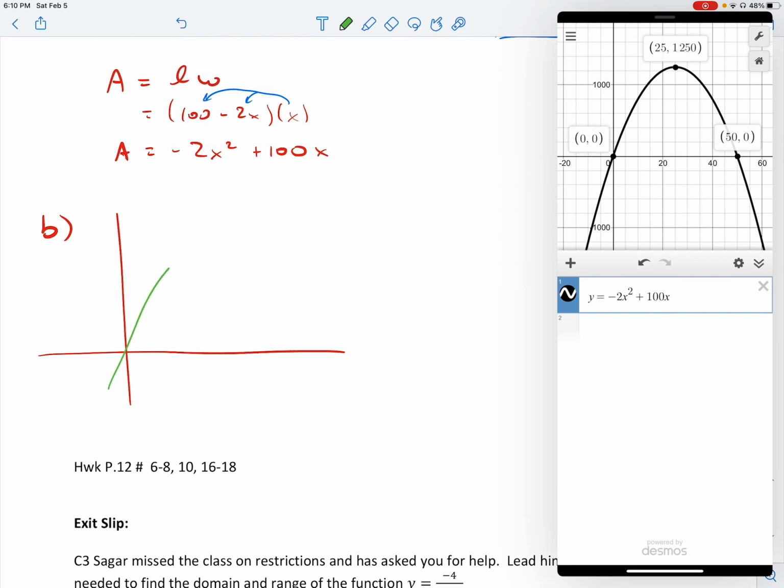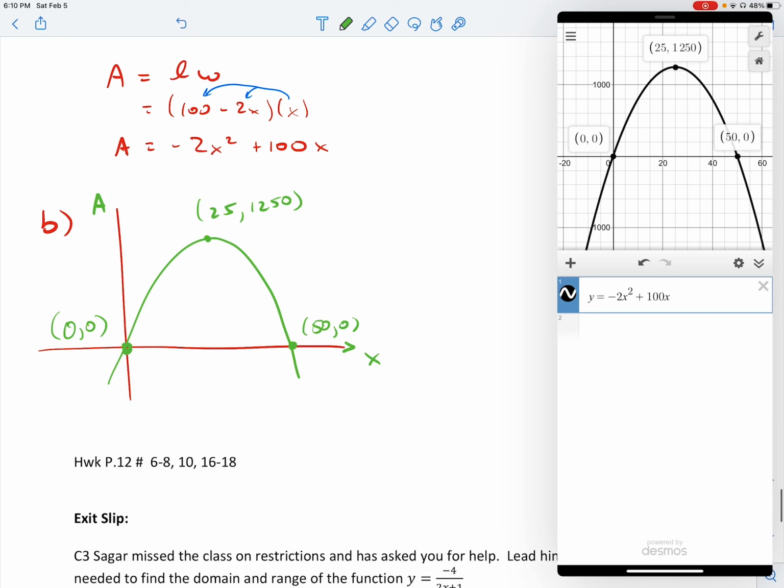I'll do the curve in green. This point is 0, 0. This point here is 50, 0. And this point at the top is 25, 1250. Remember, this is area versus the width. So my domain is in terms of the width, and the range is going to be in terms of area.